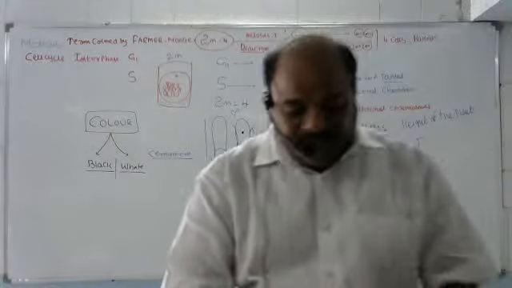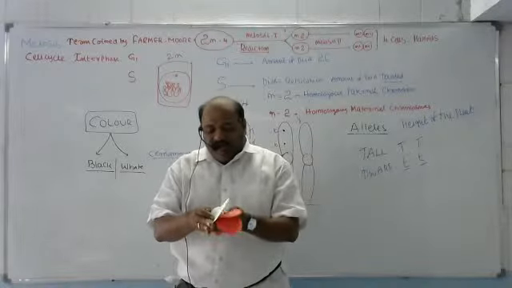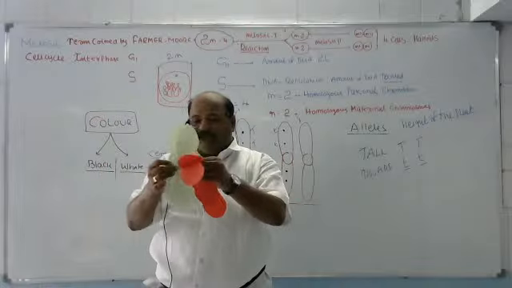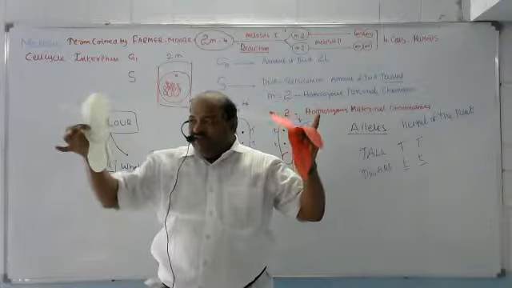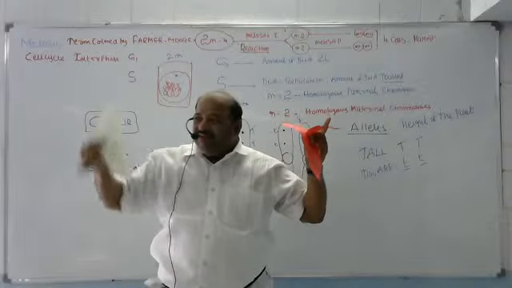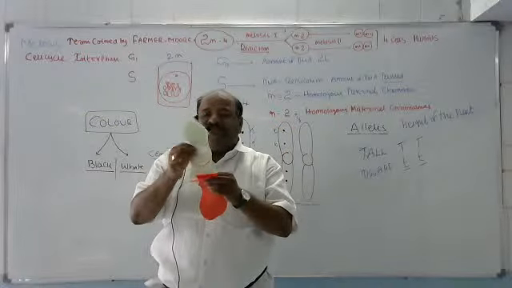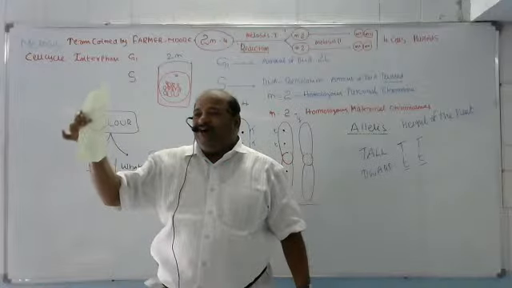For example, here I am showing. Total 2n equals 4 chromosomes. One chromosome, another chromosome, these two. These two chromosomes are similar in their size, similar in their shape, and the round mark is the centromere. These two are derived from the father.